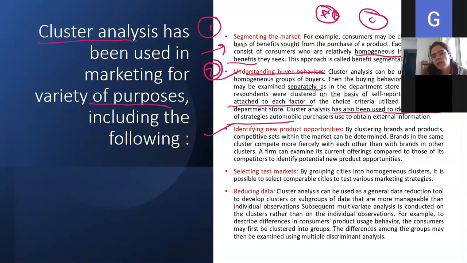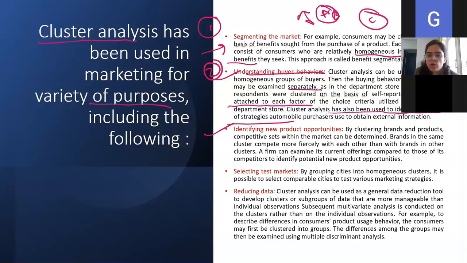Brand A and B, if they are in same cluster, can I say anything about competition here? Competition is high amongst brand A and B, or brand A and C, or brand B and C? Competition will be high in brand A and B. Yes, because they are in same cluster. So you can identify new product opportunities also.